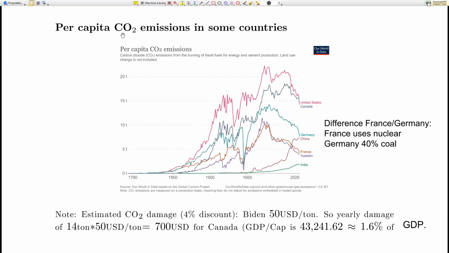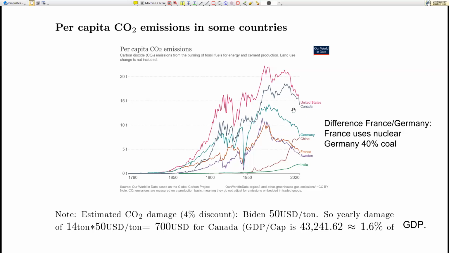So what activity would you think in Canada is the main culprit of CO2 emissions? Yes, so in that case, coal isn't the right answer. But it's pretty close.